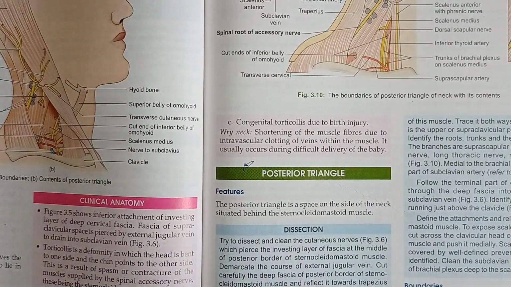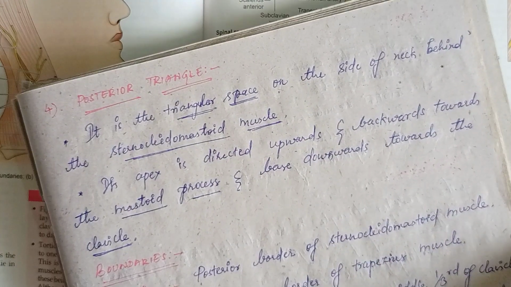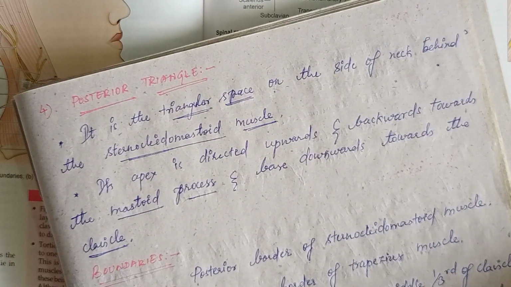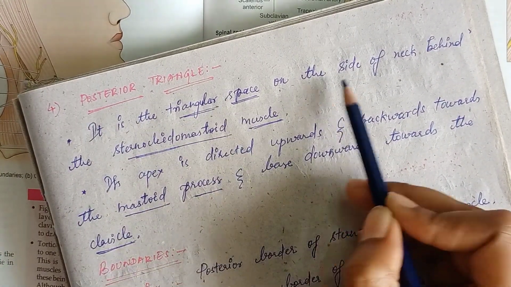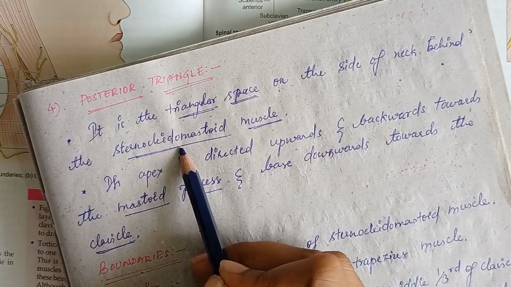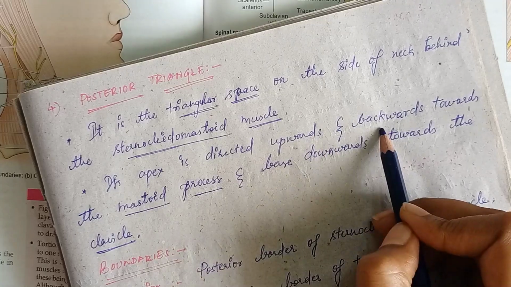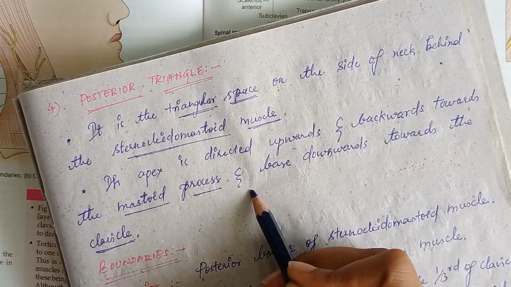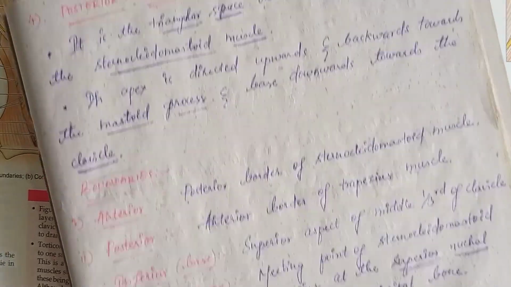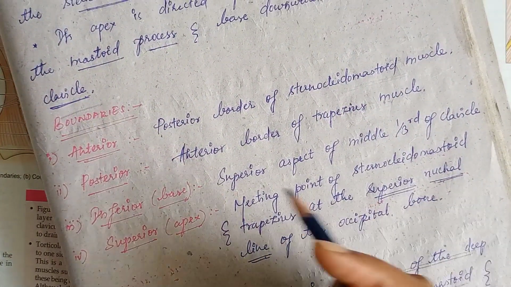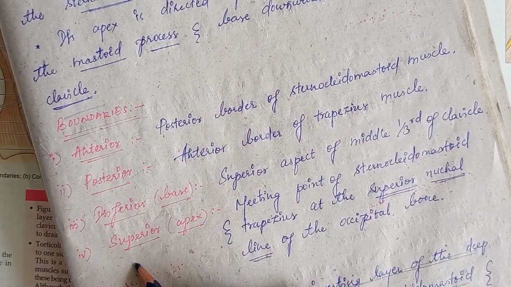Let us see clearly. First we are going to study the introduction. The posterior triangle is the triangular space on the sides of the neck behind the sternocleidomastoid muscle. Its apex is directed upwards and backwards towards the mastoid process, and the base downwards towards the clavicle. The boundaries: there are four boundaries, anterior, posterior, inferior or base, and superior or apex.